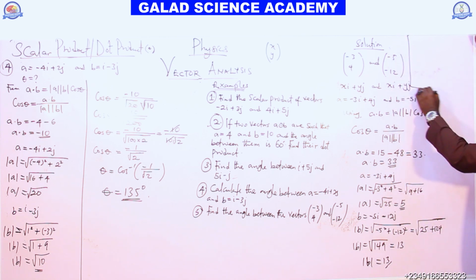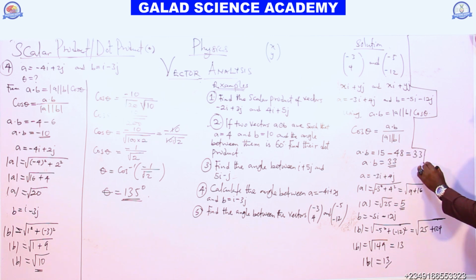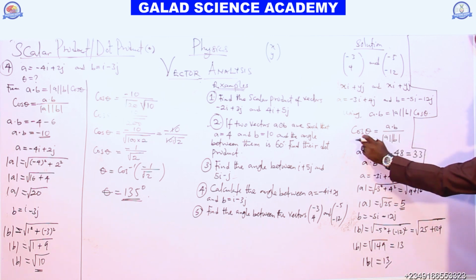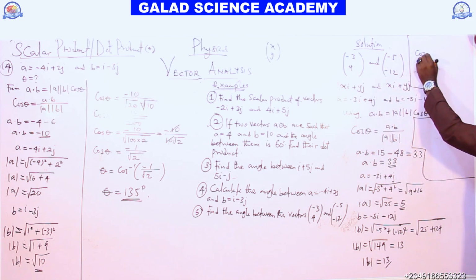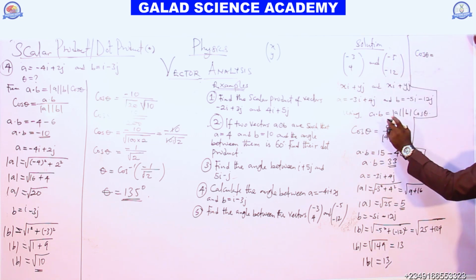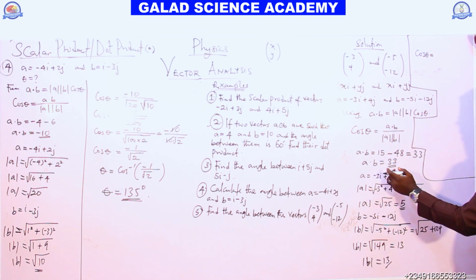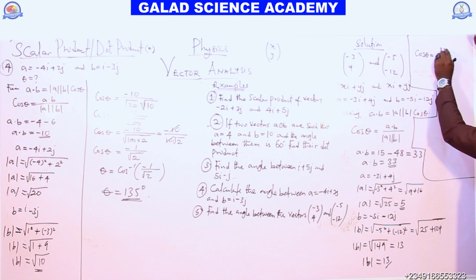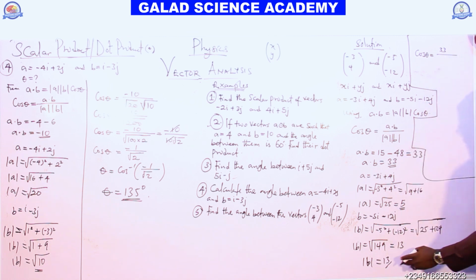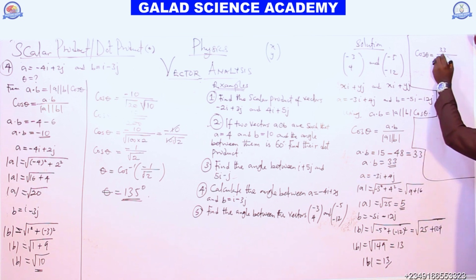Let me solve the remaining one here. We are looking for theta. Cos theta will be equal to A dot B, which is minus 33, over A magnitude, which is 5, multiplied by 13.